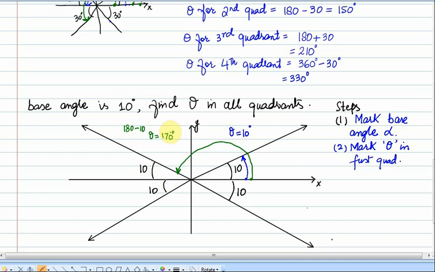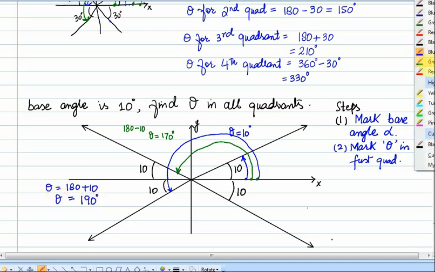Alright class. Now for the third quadrant, starting from the same positive axis, moving into the third quadrant. Up till now I had covered 180 degrees, and I need 10 degrees more. So the value of theta will be 180 plus 10, which gives you 190 degrees.